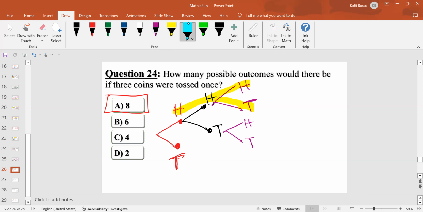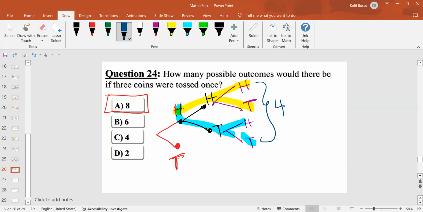So this is again one possibility: you have a head, tail, head, or you have head, tail, tail. So far, how many possibilities do we have here? We have 4 possibilities when the first coin is head. And we're going to have again 4 possibilities when the first coin is tail.